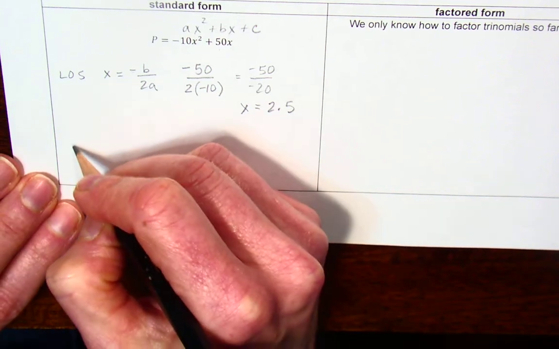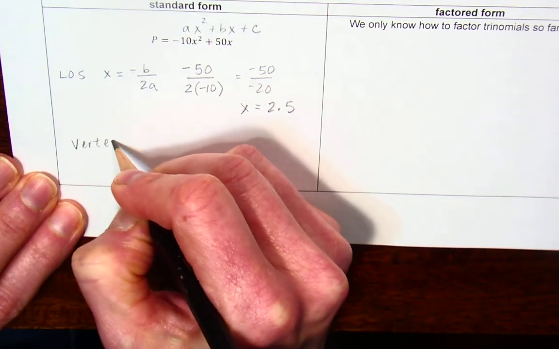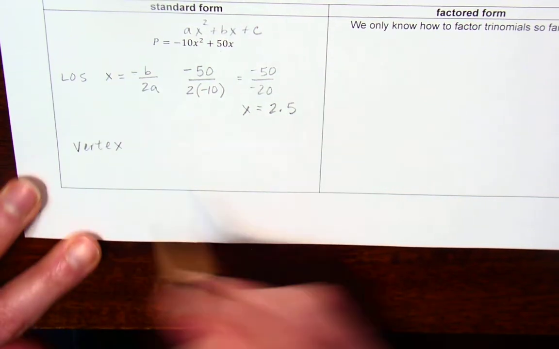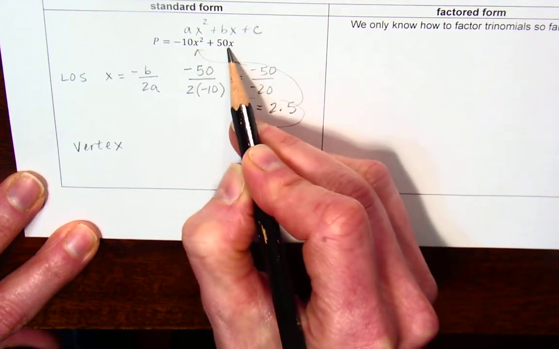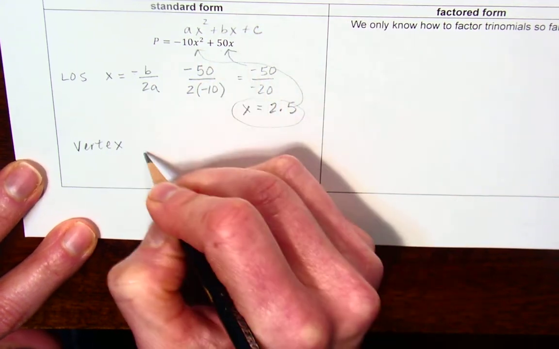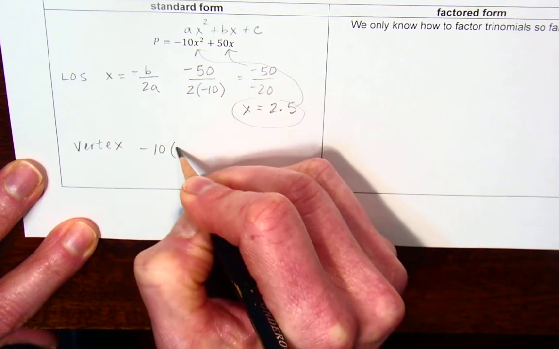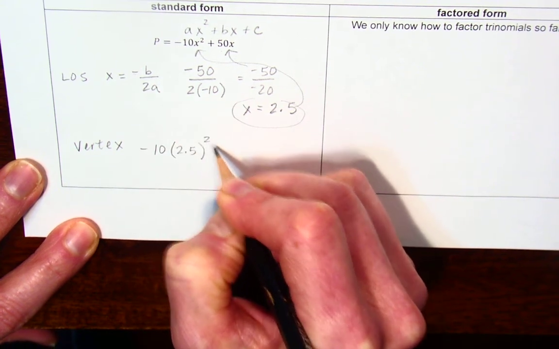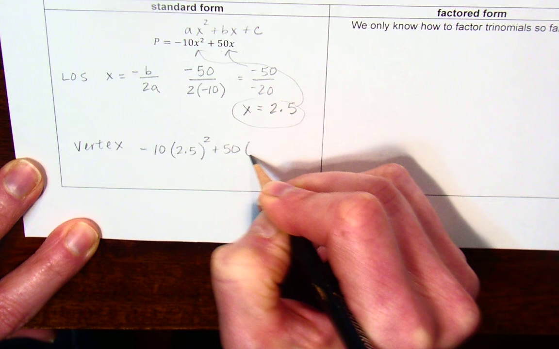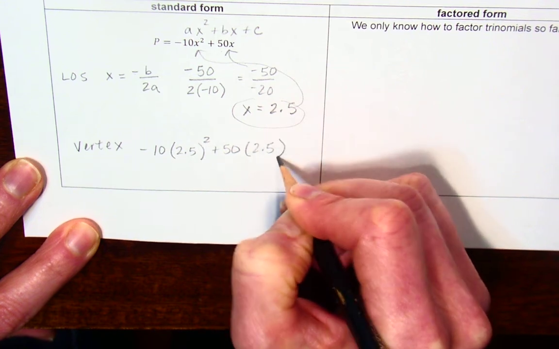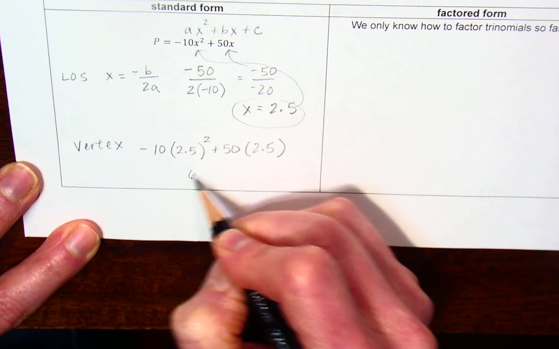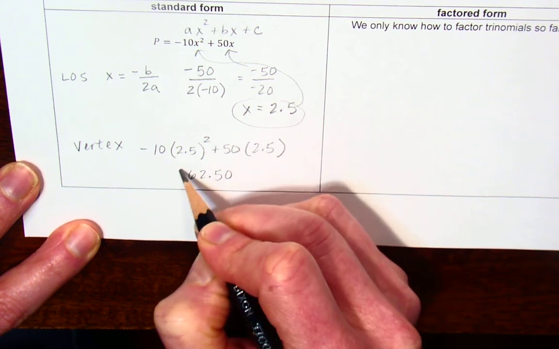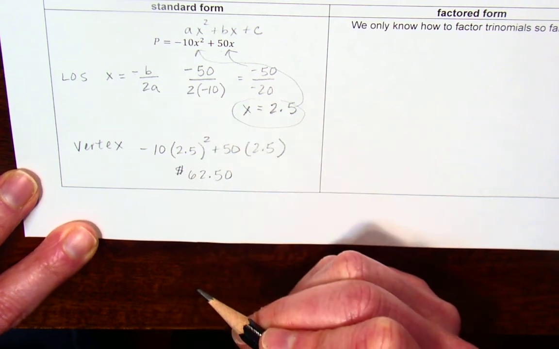But as for the vertex, we have to take this line of symmetry and substitute it back into the equation in both of these places: negative 10 times 2.5 squared plus 50 times 2.5. With the magic of technology, my calculator did this for us and it turned out to be $62.50. That would be our max profit.